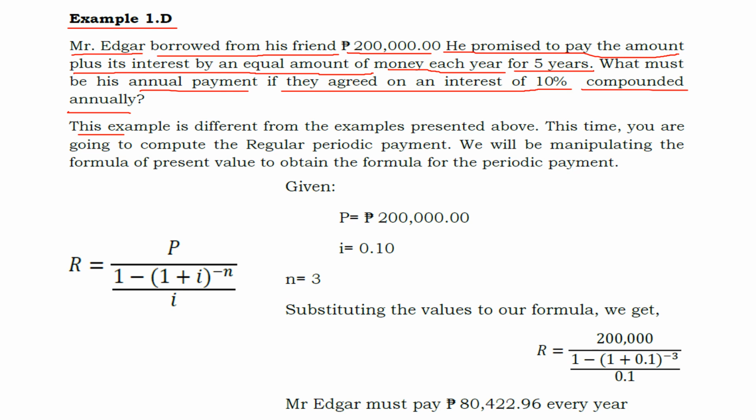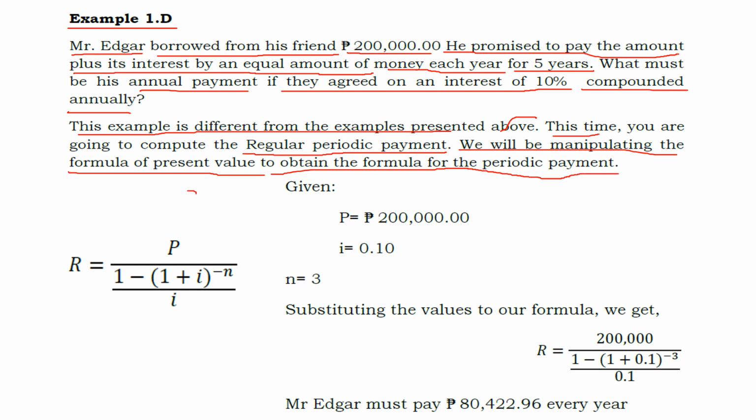This example is different from the examples presented a while ago. This time, you are going to compute the regular periodic payment. We will be manipulating the formula of present value to obtain the formula for the periodic payment.